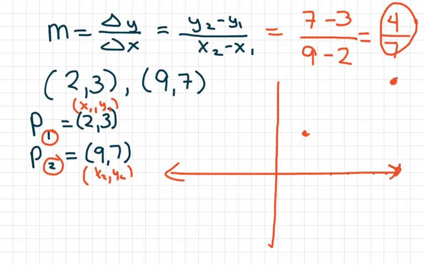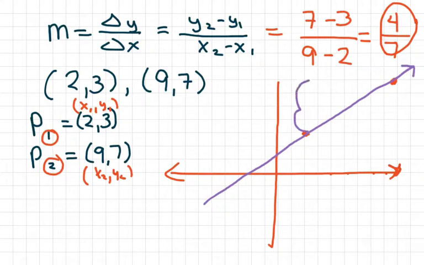Why did I pick big numbers? All right, and I'm going to graph this very quickly. So basically it means we went up 4 and over 7. Okay? So it's up 4 over 7.